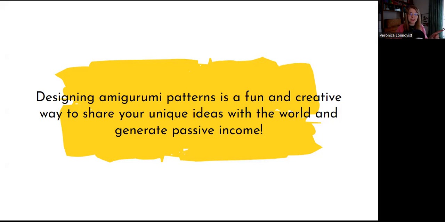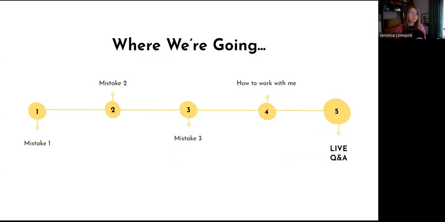But with passive income, you make one product, for example, a crochet pattern, and you don't have to make it over and over again for your customers. So it's the same amount of time and energy that goes into making one pattern for 10 people or 10,000 people. And that is what makes it passive. Nothing is 100% passive, but it is more passive than crocheting and selling finished objects.